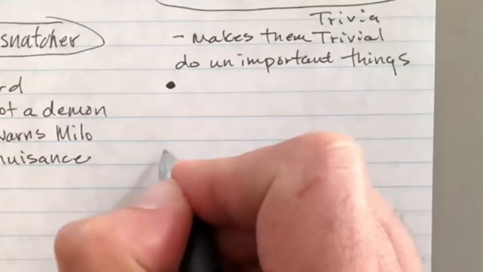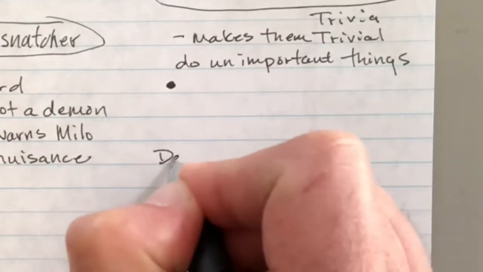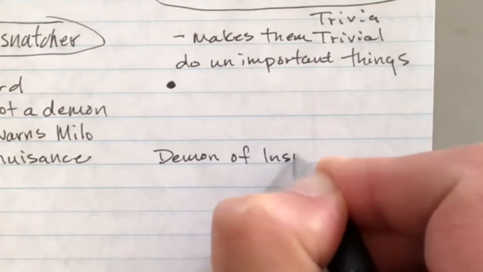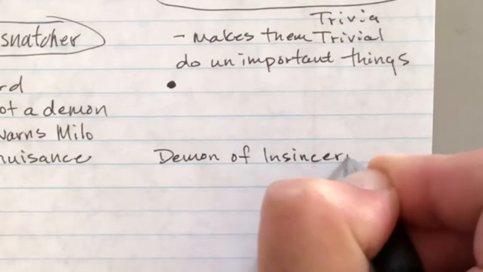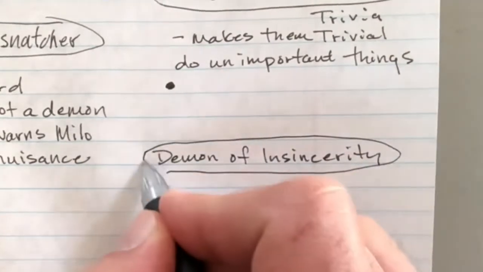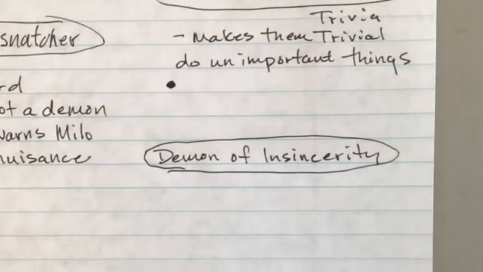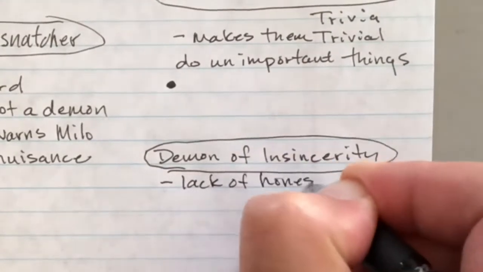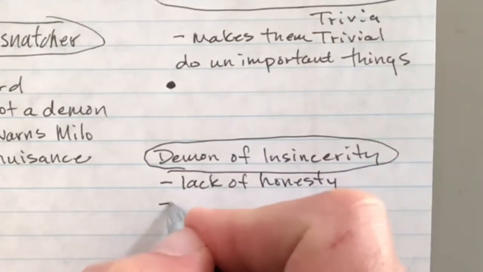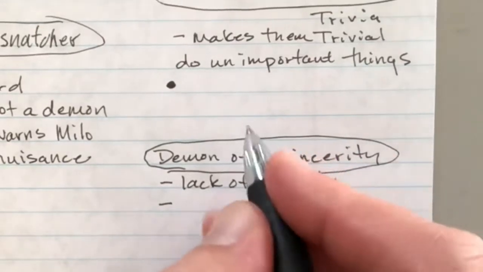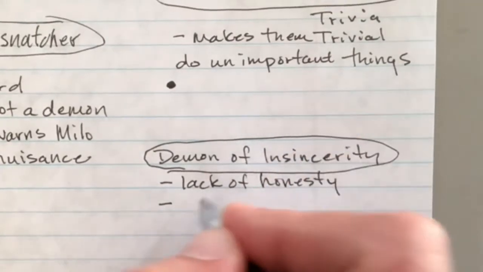Now we also go on to the demon of insincerity. Insincerity means a lack of honesty. And if you recall, they trusted the voice of insincerity, and it led them into a trap.